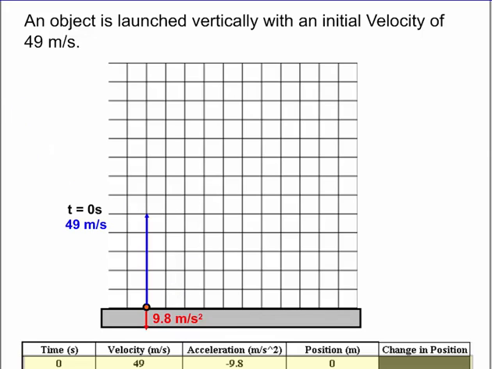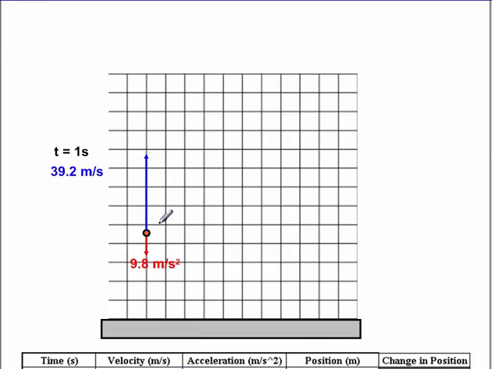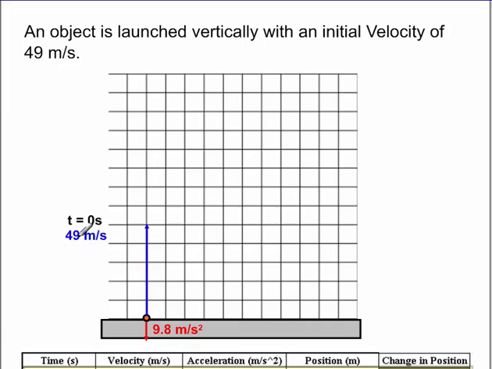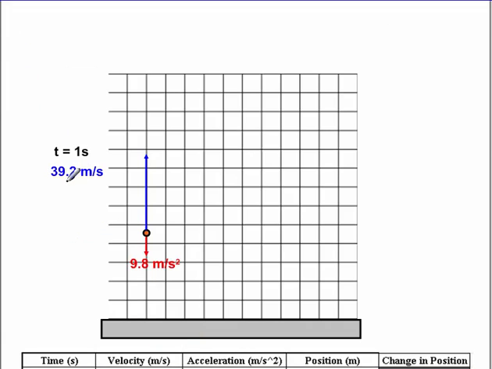Now let's go to time equals 1 second. At time equals 1 second, my velocity has decreased. Since my acceleration is 9.8 down, you notice my velocity has decreased by exactly 9.8. I start with 49 and I've gone to 39.2. So every 1 second, my velocity will decrease by 9.8 meters per second because my acceleration is 9.8 meters per second squared.